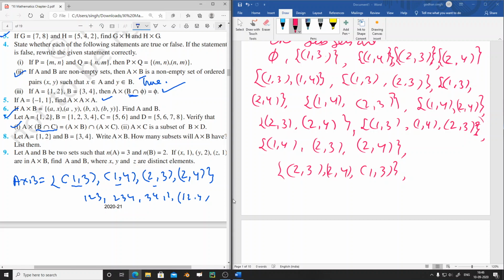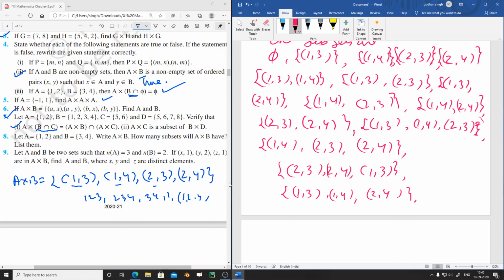So the next subset has the elements (1,3), (1,4) and (2,4). This will be our fourth subset containing 3 elements. So here we have one subset with 3 elements, second, third, and fourth.